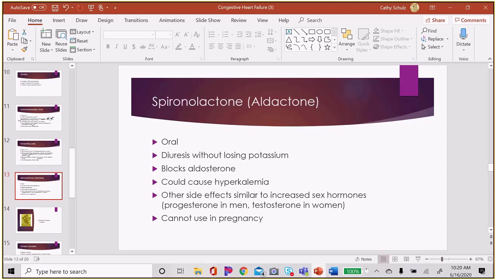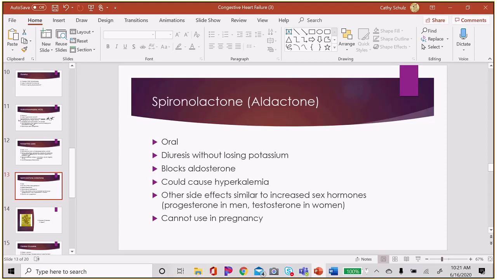Spironolactone is the last diuretic, and this medication is different than the hydrochlorothiazide and Lasix. Hydrochlorothiazide and furosemide are trying to get rid of fluid by exchanging some of the electrolytes, and they work in a different part of the nephron. Hydrochlorothiazide works in the first part of the nephron, and furosemide works in the loop of the nephron.